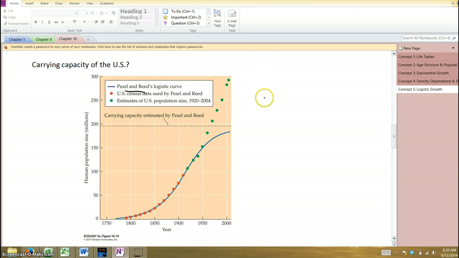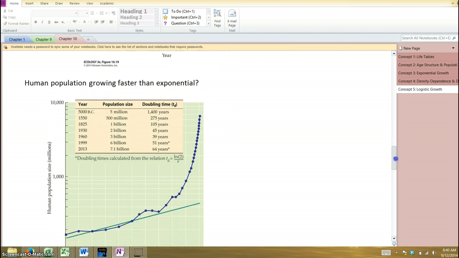So think for a moment, what essentially happened in the post-World War II years, 50s, 60s, 70s, and on, that made it such that their prediction no longer fit? What conditions in the world and the United States changed that allowed for a much larger population? I'm going to let you think about that. We'll talk about it in class.